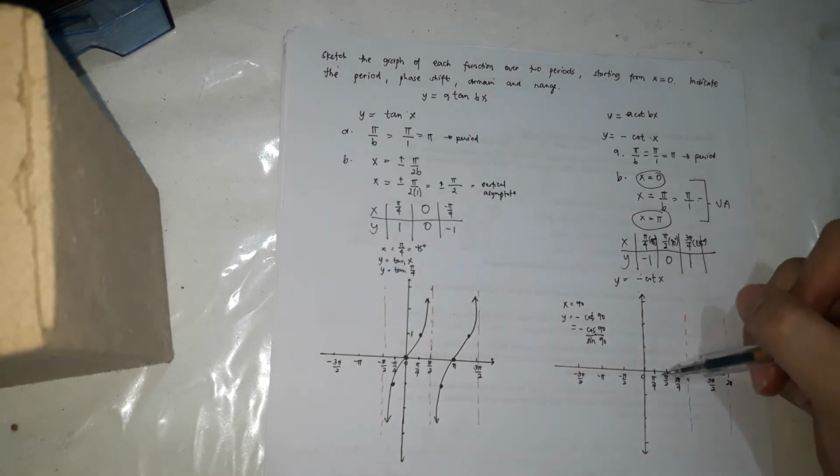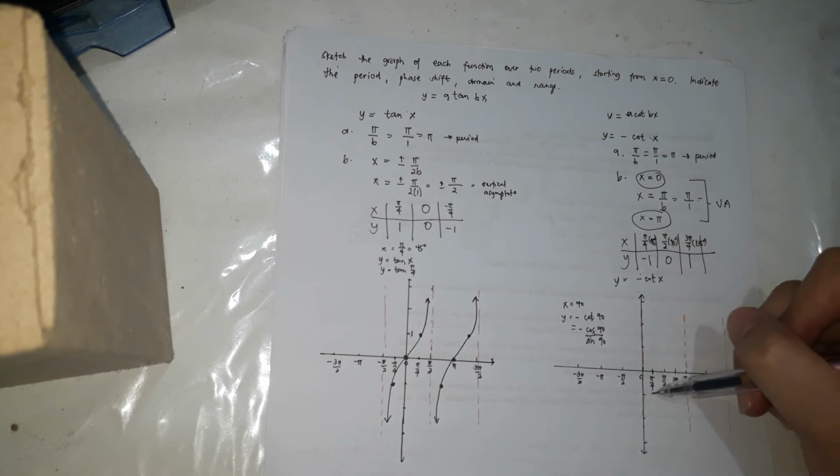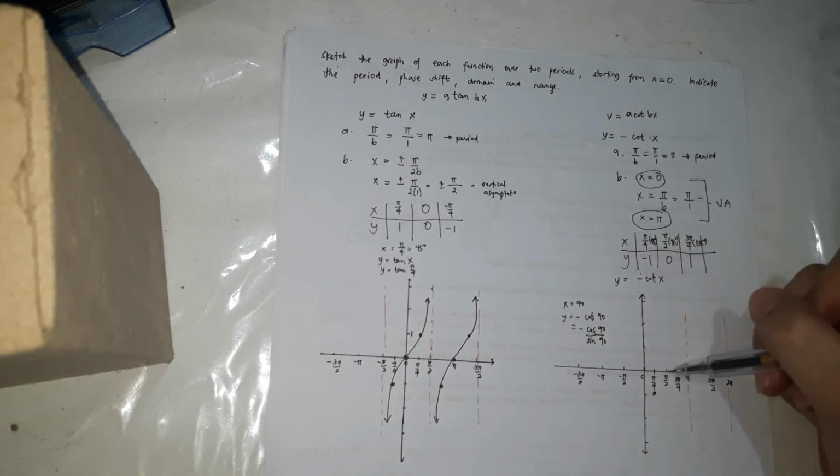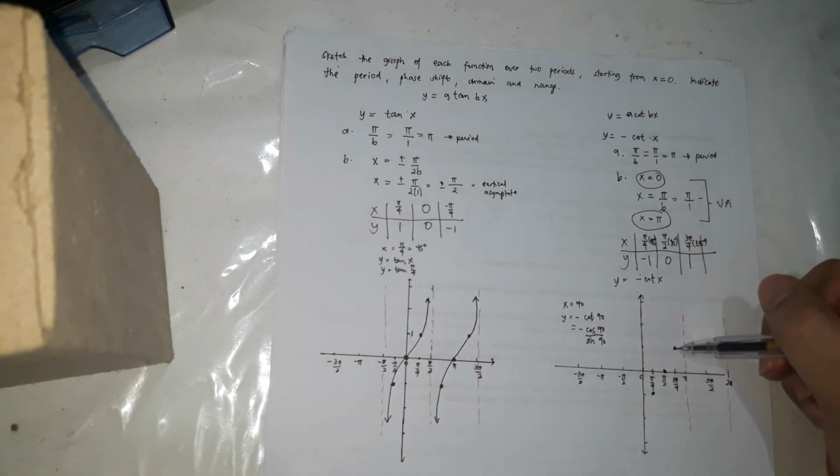So this is 1 period: pi over 4 gives negative 1, pi over 2 gives 0, and 3 pi over 4 gives 1.